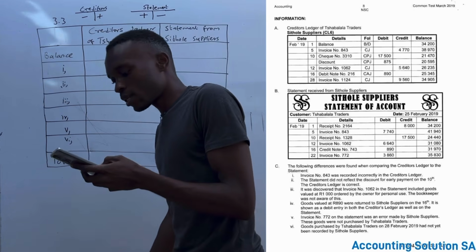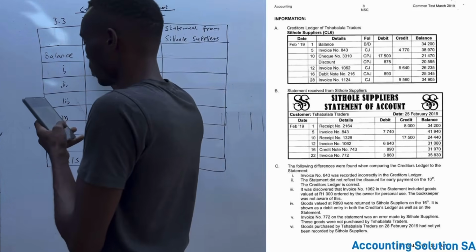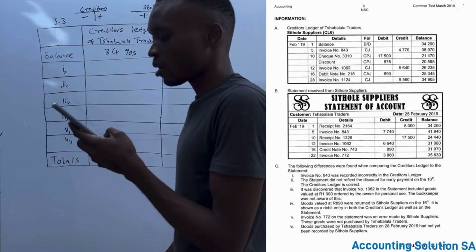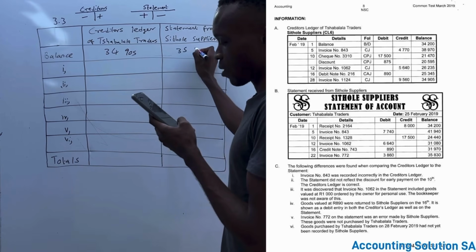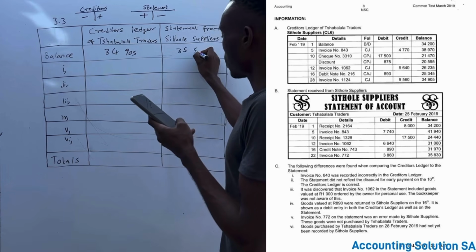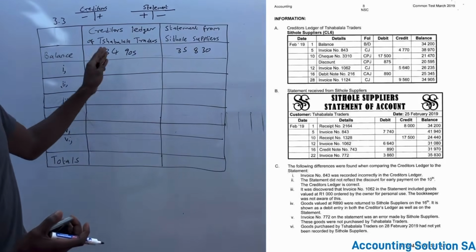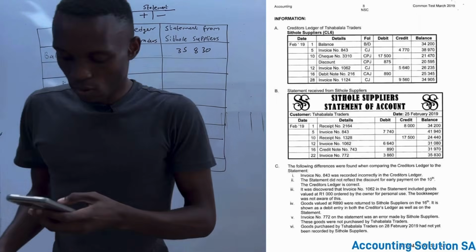As you can see, the last balance on the creditors ledger was 34,905, and on the statement it was 35,808. These amounts are not the same, which simply means that we need to reconcile.